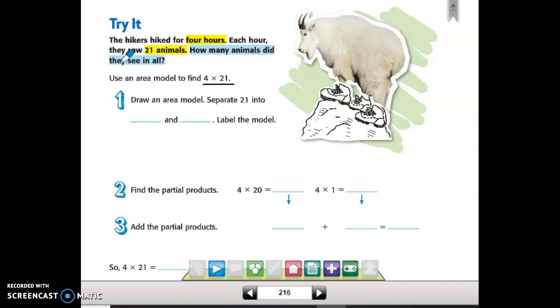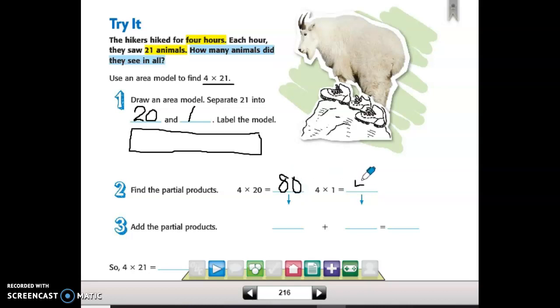Now in order to solve it using the area model, we're going to separate 21 into expanded form, which is 20 and 1. And I want you to draw your model for this section. Partial products: 4 times 2 is 8, so 4 times 20 is 80. 4 times 1 is 4.